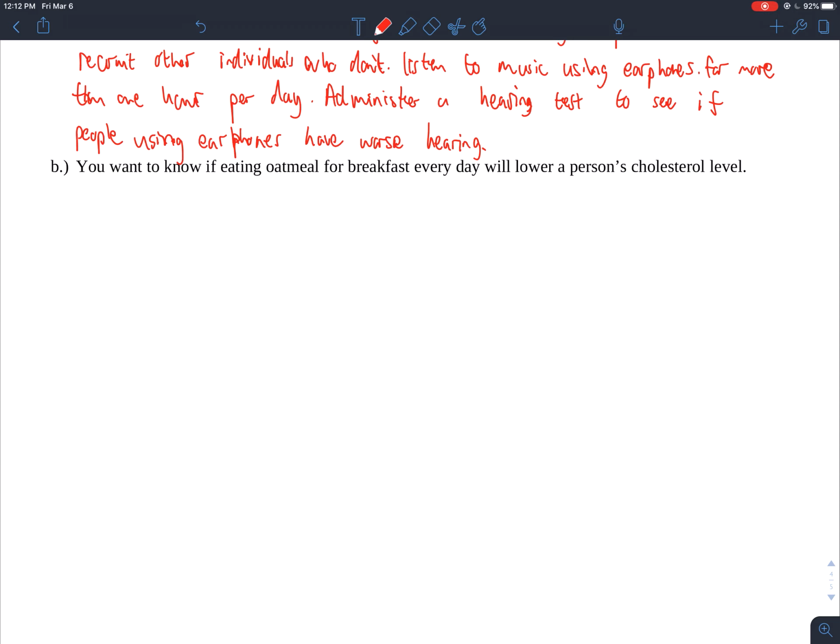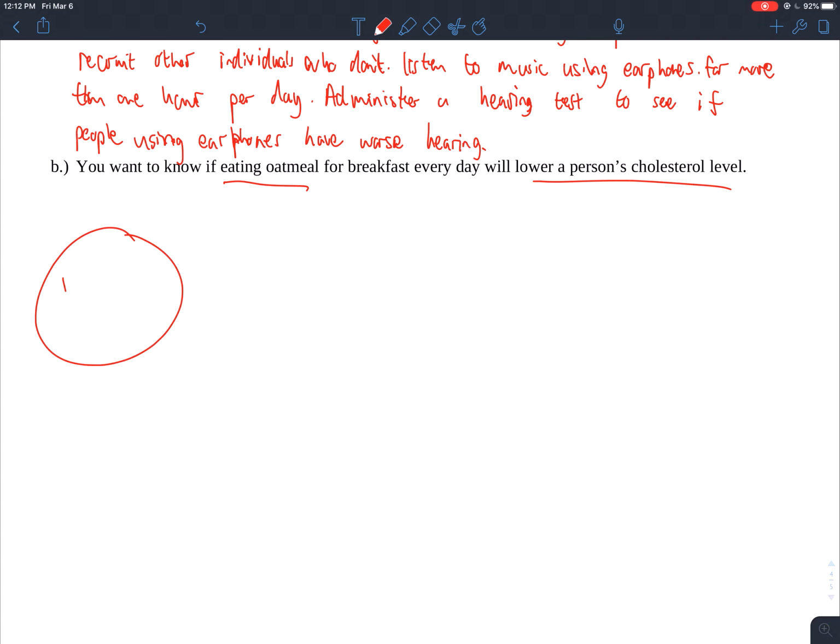If I don't change anything you do, and your cholesterol level stays what it is, I'm not doing anything bad to you. If I think eating oatmeal will lower your cholesterol, then I'm doing something good to you potentially. So there's not really an ethical problem here. I think some people would say it's unethical to do something good for some people and not for others in an experiment, but this doesn't seem like a big problem. So maybe we could just draw the picture. This would be the easiest to do.